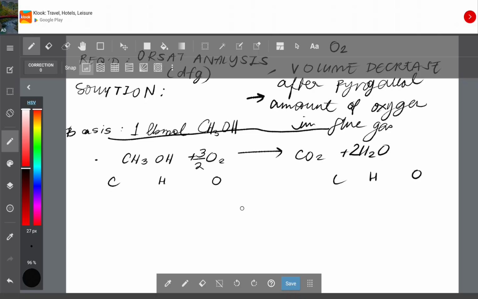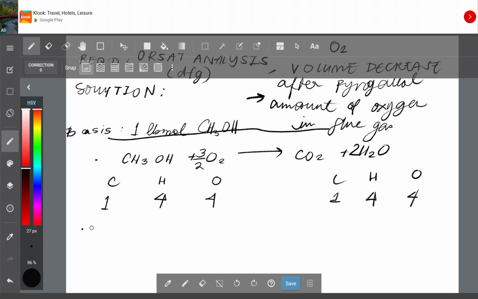I think it's already balanced. Let's count the C's here. There's 1 C, there's 4 hydrogens, there's 3 plus 1, 4 oxygens. And over here there's 1 carbon and 4 hydrogens, and for the oxygens you have 2 plus 2. You have 4. Okay, it's balanced.